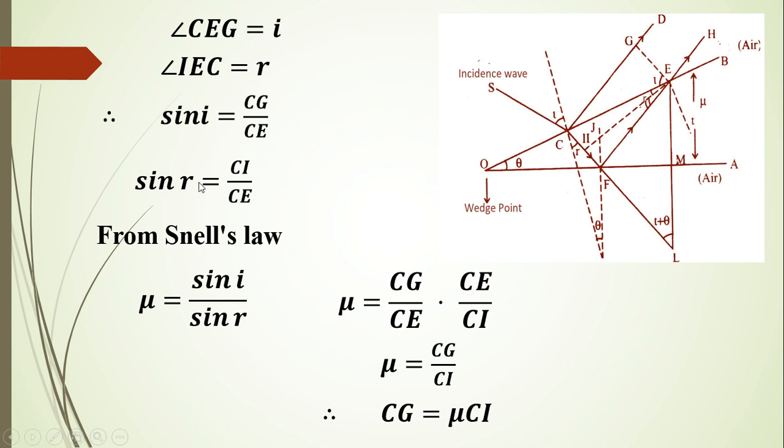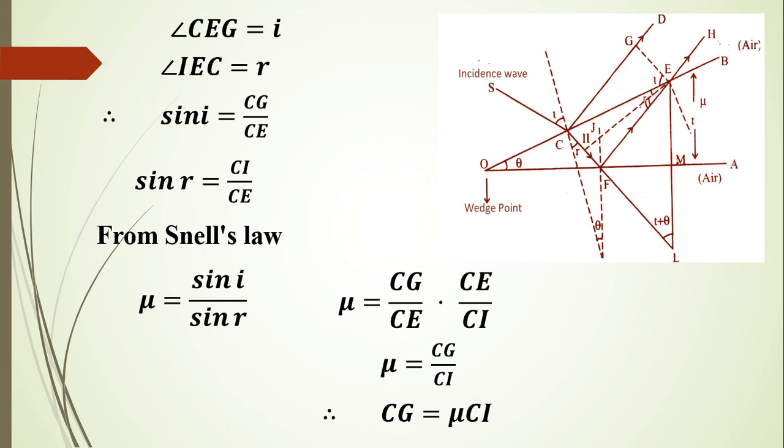Sin r, measured by the triangle CIE, is equal to the perpendicular CI and hypotenuse CE. Because the light ray propagates from rarer to denser medium, Snell's law is applied.